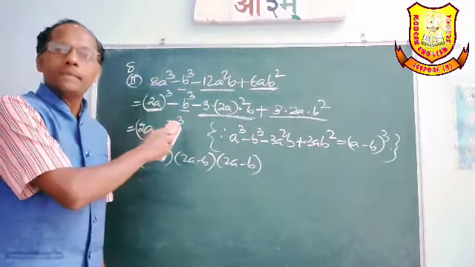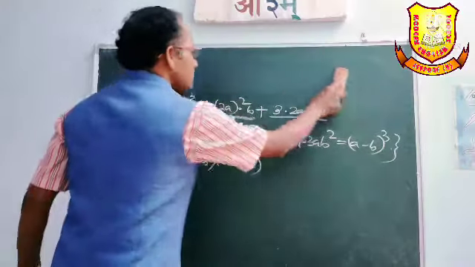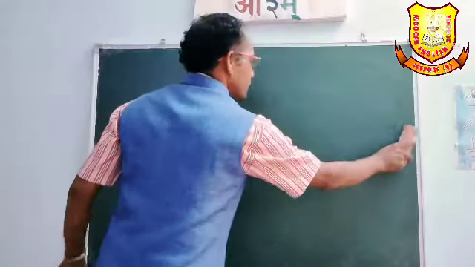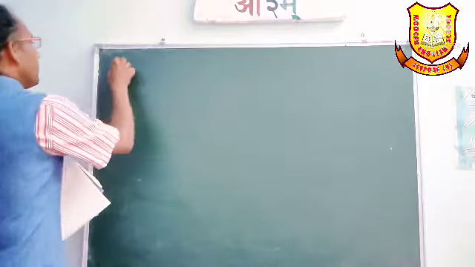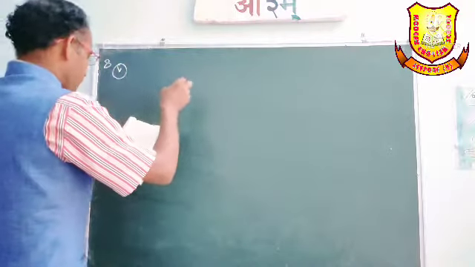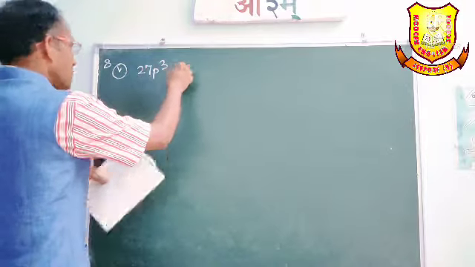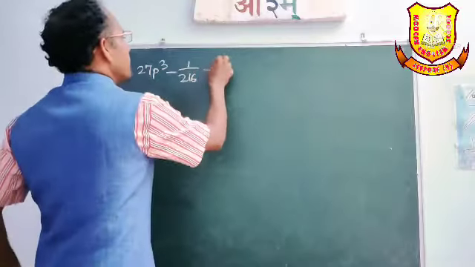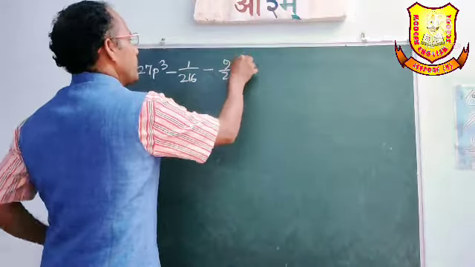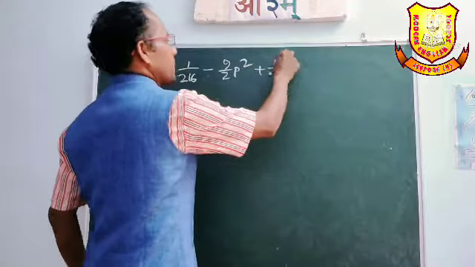Now the fifth part I am doing. Question number 8, fifth part: 27p cube minus 1 by 216 minus 9 by 2 p square plus 1 by 4p.